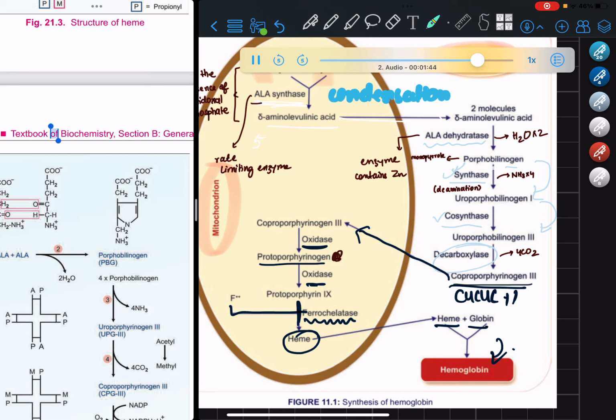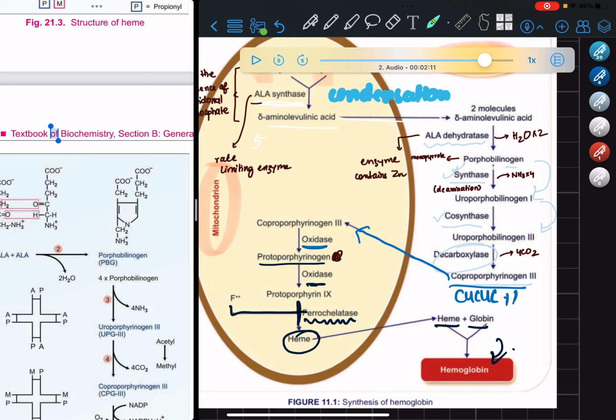So now we have coproporphyrinogen 3, which is cyclic. Right? It is a cyclic compound. UPG3 is not cyclic, but it forms CpG3, which is a ring structure, by decarboxylating it. Now this CpG3 goes back into the mitochondria, it undergoes oxidation.